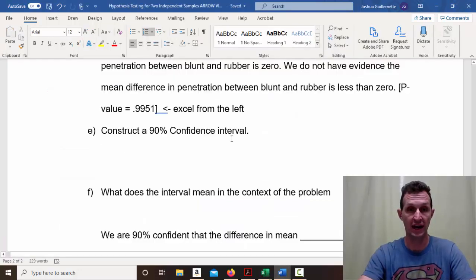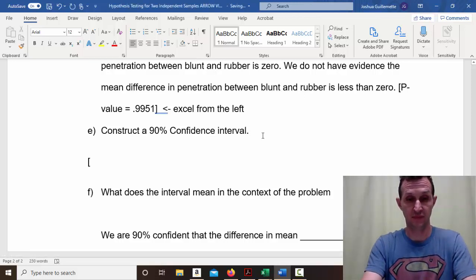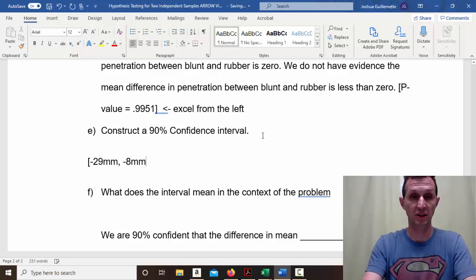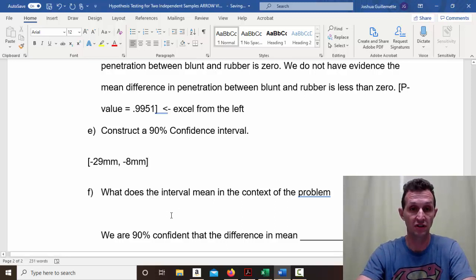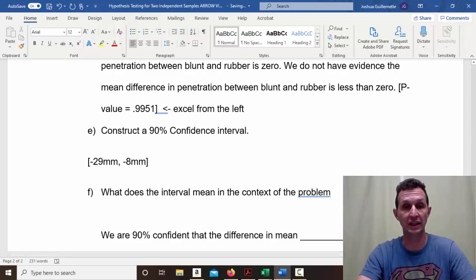So we are going to have -29 millimeters and -8 millimeters as our confidence interval. And what does this confidence interval mean?